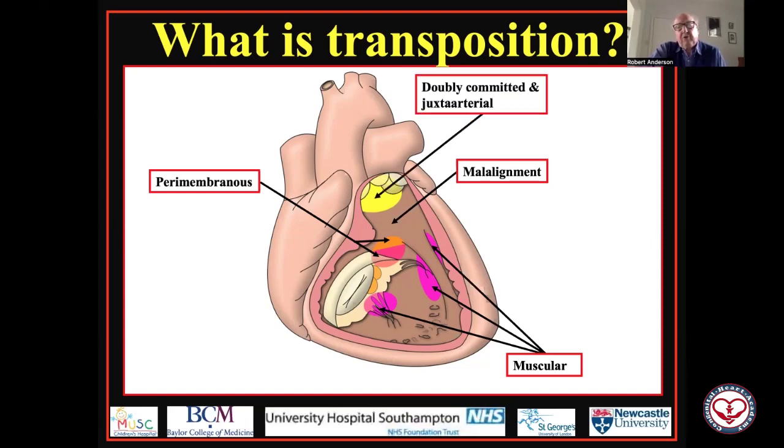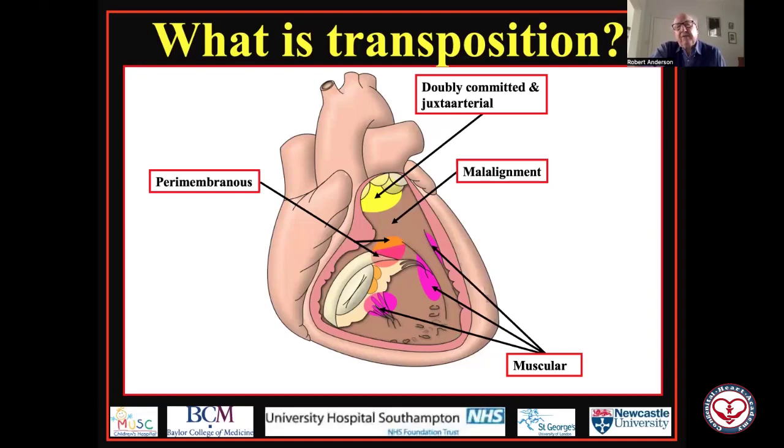And much more rarely we can find examples where there is fibrous continuity between the leaflets, the pulmonary and the aortic valves, making the defect doubly committed and juxta-arterial. But the basic rules that we have for describing the septal defects are the same as they are for hearts having concordant atrioventricular and concordant ventricular arterial connections.